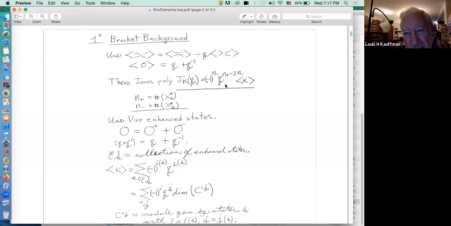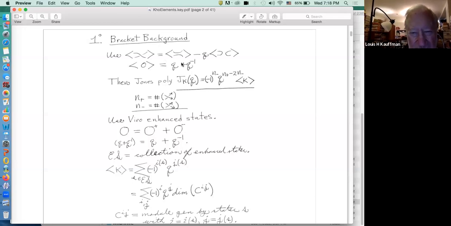But if you multiply it by this normalizing factor, you're back to the Jones polynomial, invariant under all 3 Reidemeister moves, where n plus is the number of positive crossings in the oriented diagram, and n minus is the number of negative crossings. Okay? So there's an exercise for you.